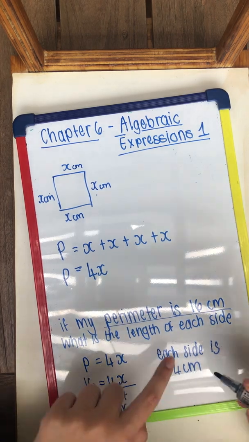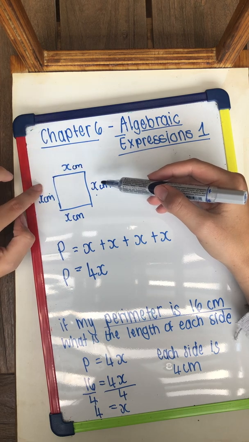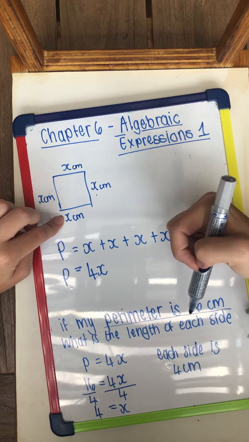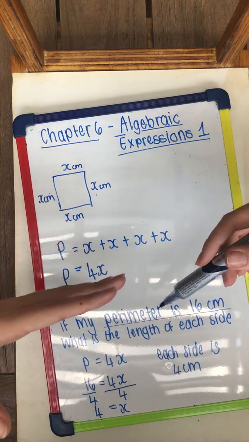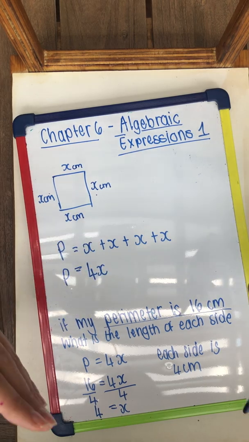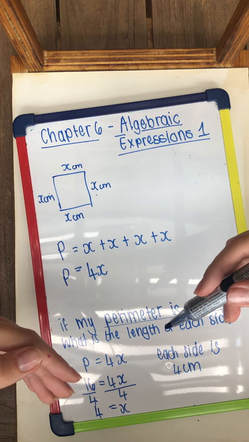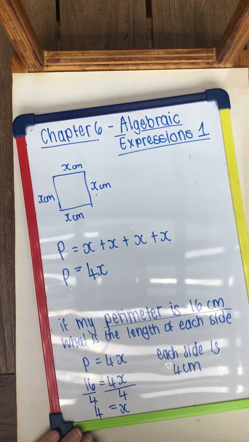And that makes sense because if I've got 4 centimeters all around, and I added those all up together, I'll get 16 centimeters. Okay, so algebraic expressions is just using variables so that you can use them over and over again to work out different formulas.